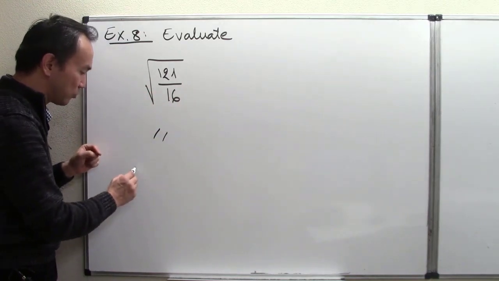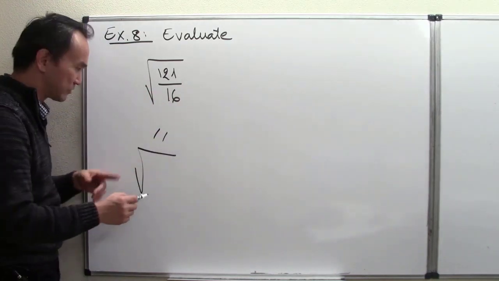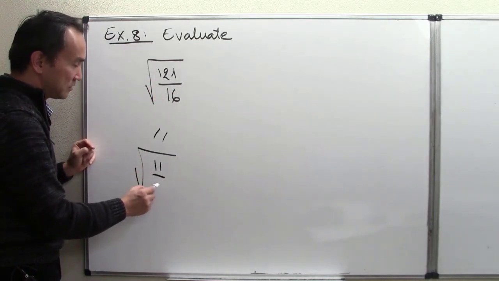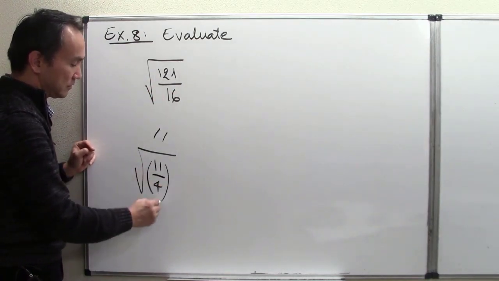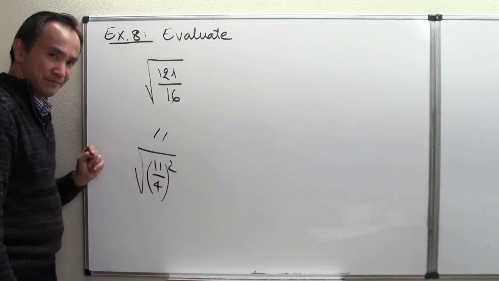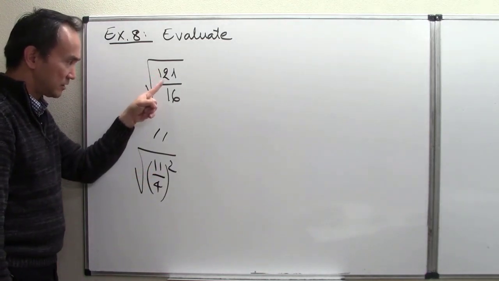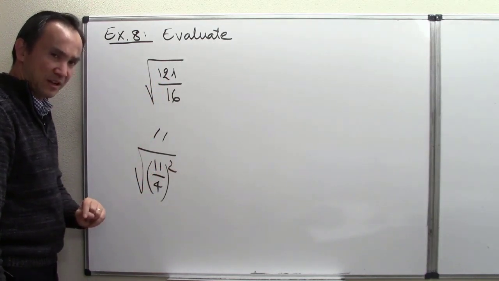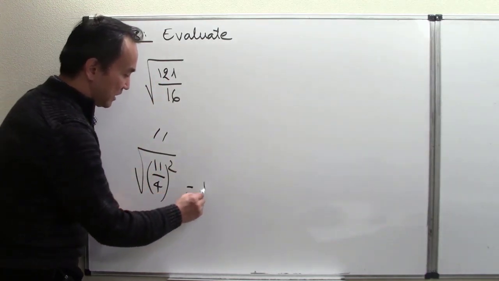According to work we've done in earlier demonstration problems, we can think of 121 over 16 as 11 over 4, all squared. So we recognize 121 over 16 as a perfect square of 11 over 4, and then easily get the answer, 11 over 4.